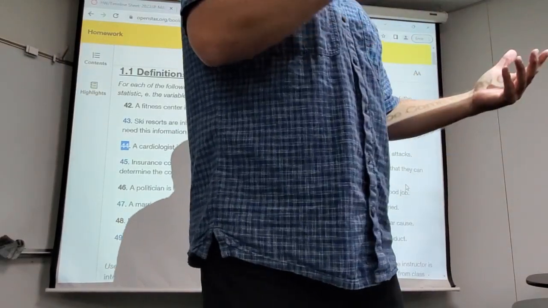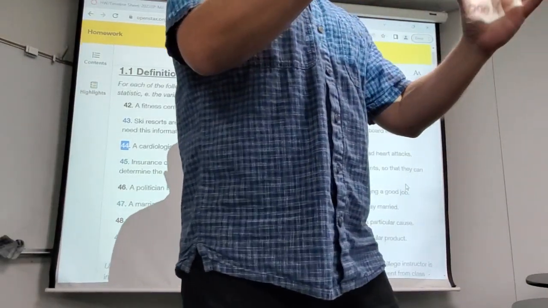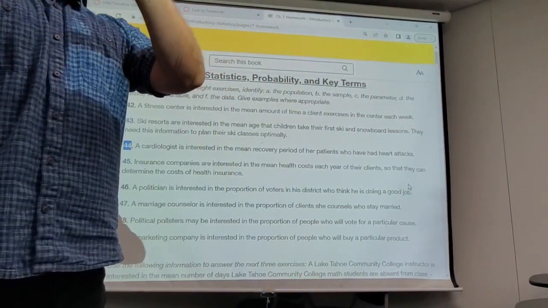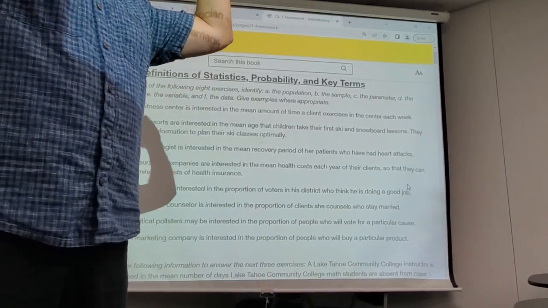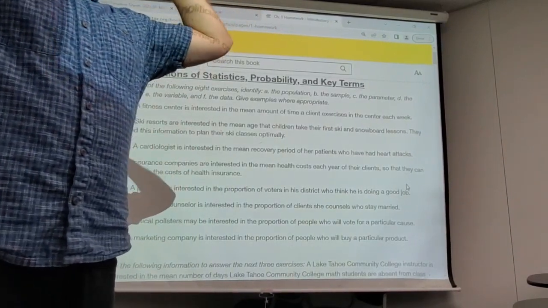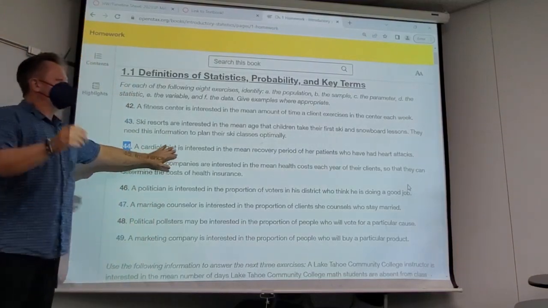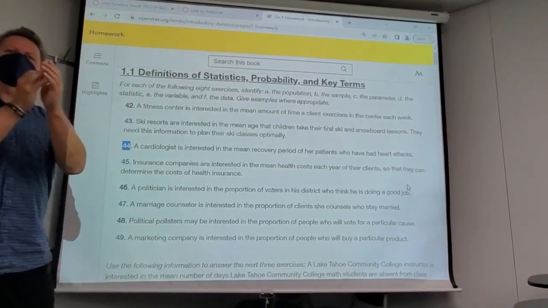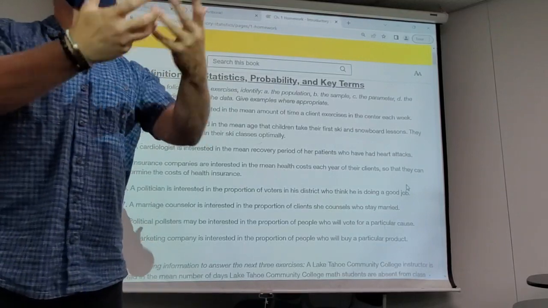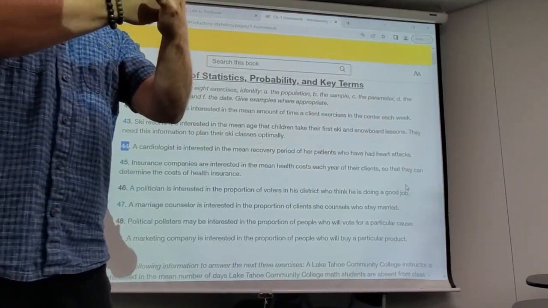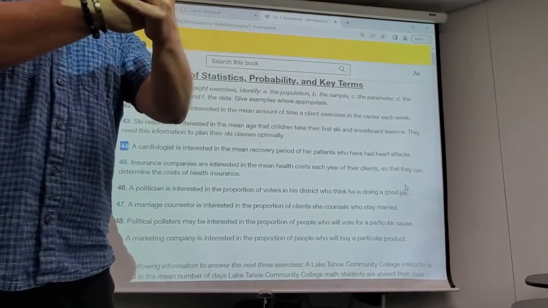32, right? Is that the population? No. There's a couple of words missing. To really make sure you're saying it's a population, it has to be all. Secondly, is she interested in all people who have had heart attacks?